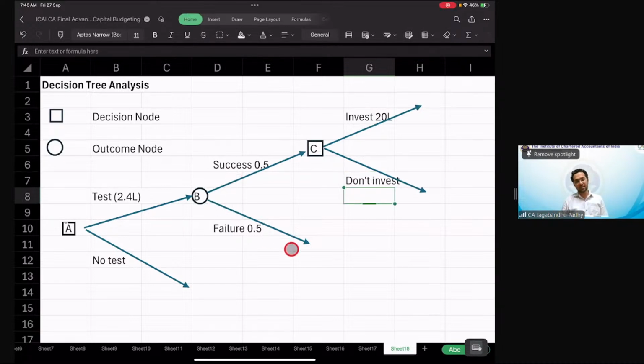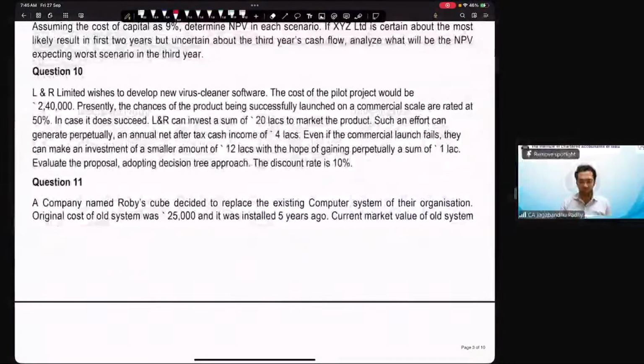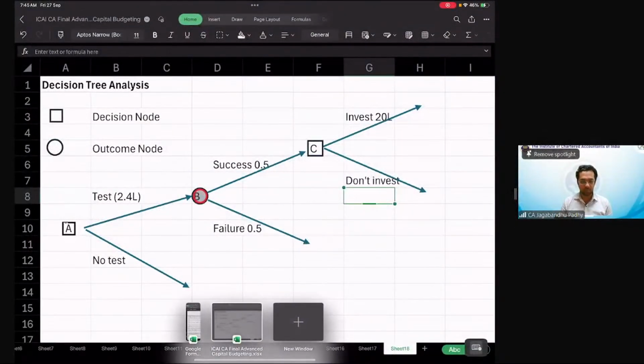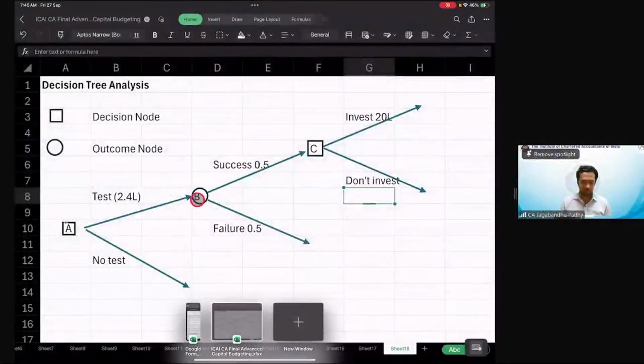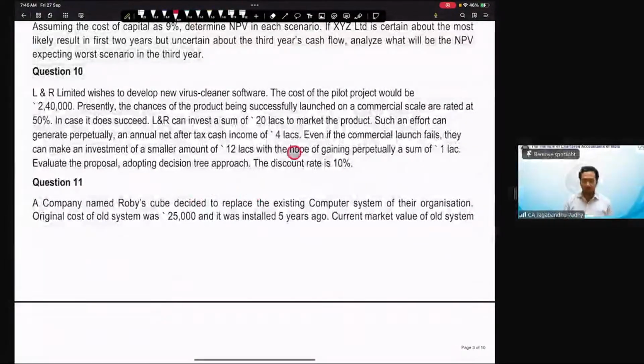Now, what is the case if we are likely to get a failure? If we get failure, what is our course of action? Even if the commercial launch fails, so if it is going to be a failure, like the testing part, then they can make an investment of a smaller amount, 12 lakhs, with the hope of gaining perpetually a sum of 1 lakh.